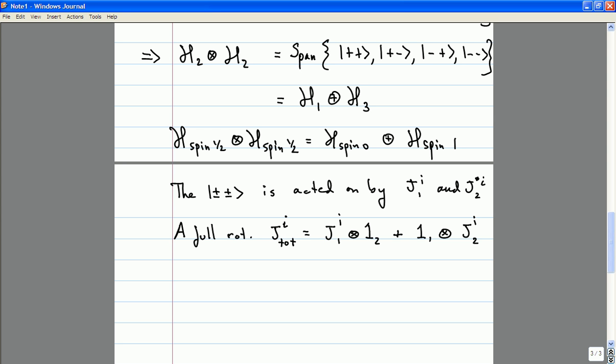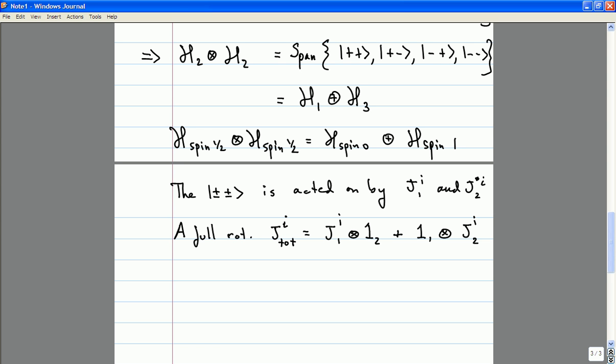Okay. What does that formula mean? That formula means something totally simple. It means that an infinitesimal rotation on the combined system is a rotation on each one of the individual systems added together.